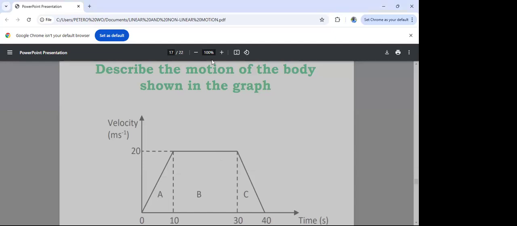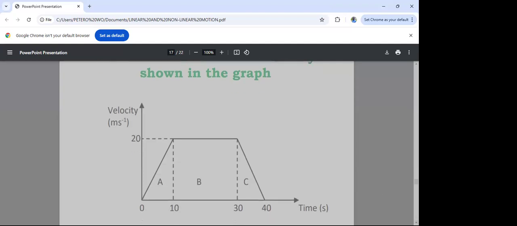A body moves at a uniform velocity of 20 meters per second for 10 seconds. Are they really 10?